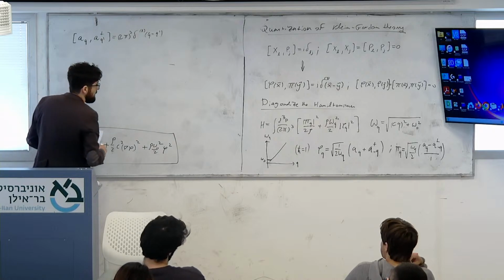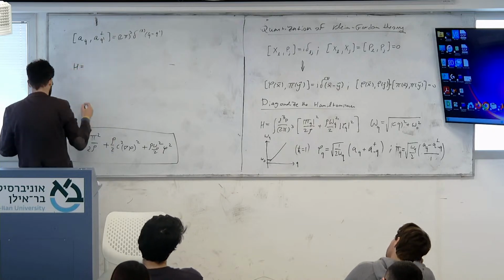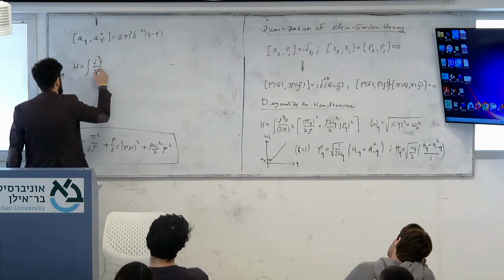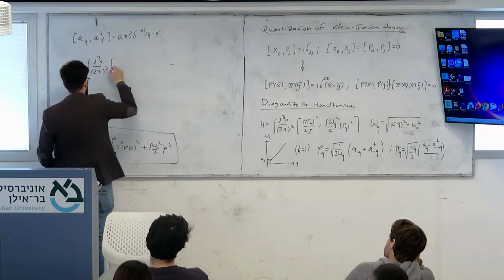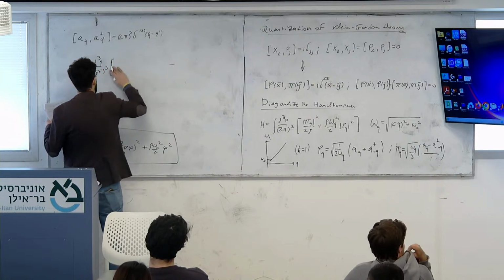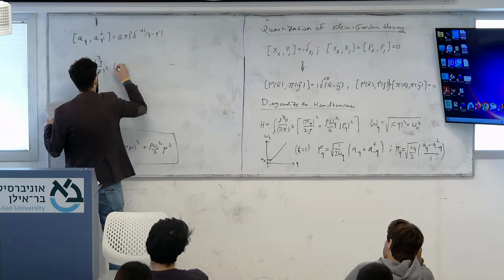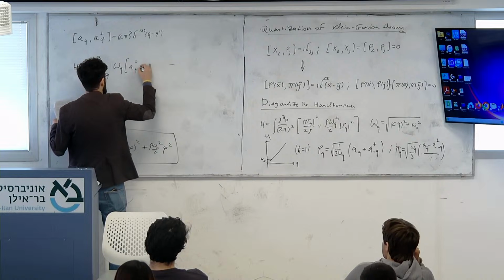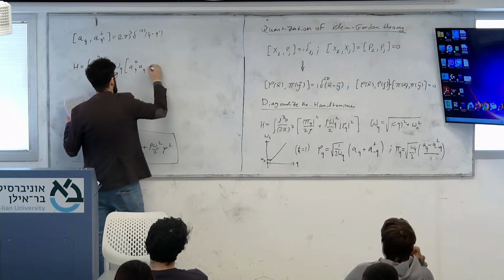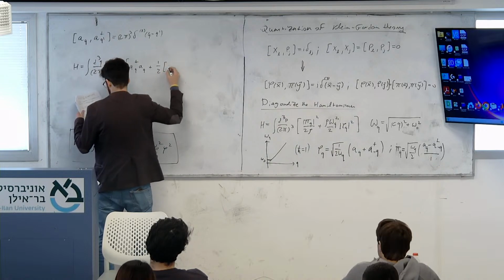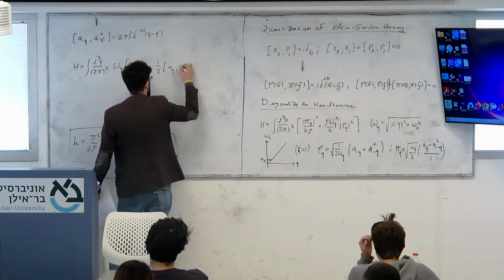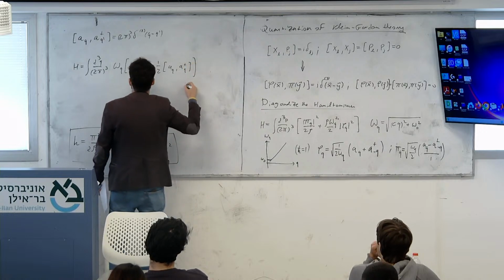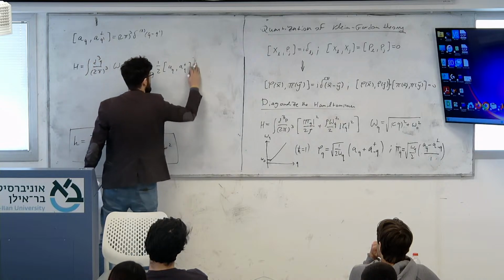And the Hamiltonian then assumes the form integral d3q over 2 pi cubed, we have omega_q, a dagger q, a q, plus 1/2 a q, a dagger q. Okay. Now maybe that's confusing like that.